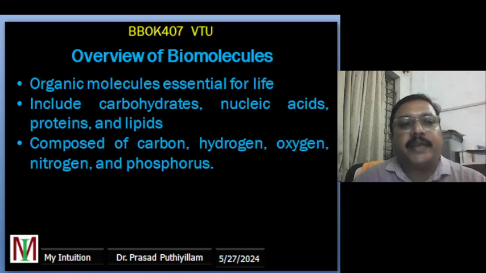The 4 major categories of biomolecules are carbohydrates, nucleic acids, proteins and lipids. Other biomolecules like enzymes, hormones and vitamins are also there. Each of these plays a crucial role in various cellular processes, contributing to the structure, function and regulation of the body's tissues and organs.